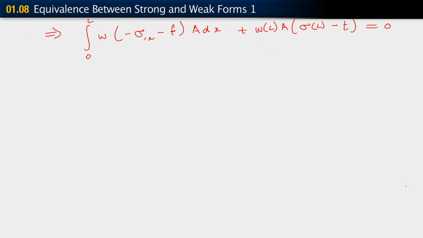Now when I come back here, I do indeed have, in this very last term, sigma at L minus t. Okay? Now this is equal to 0. Now, let's recall the conditions under which this holds. This holds for all W belonging to our space V, which consists of functions W such that W at 0 equals 0.